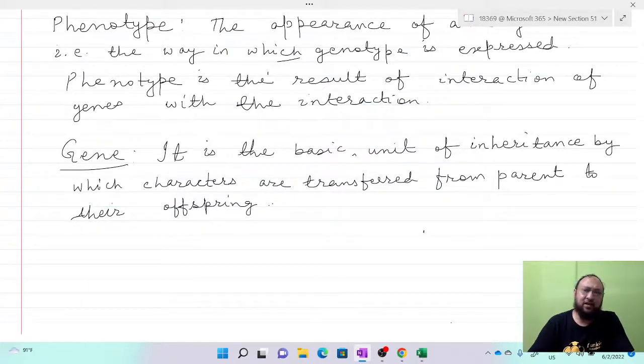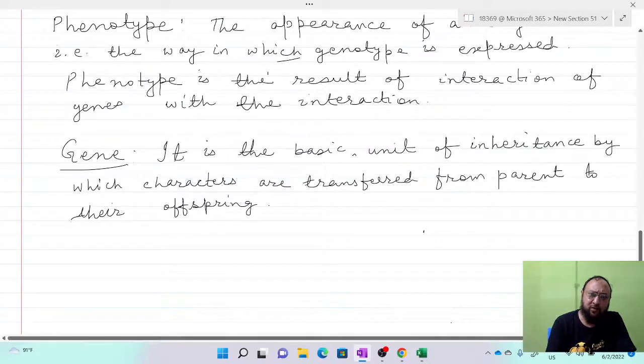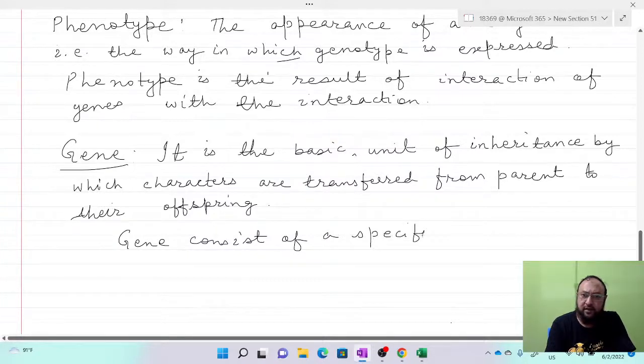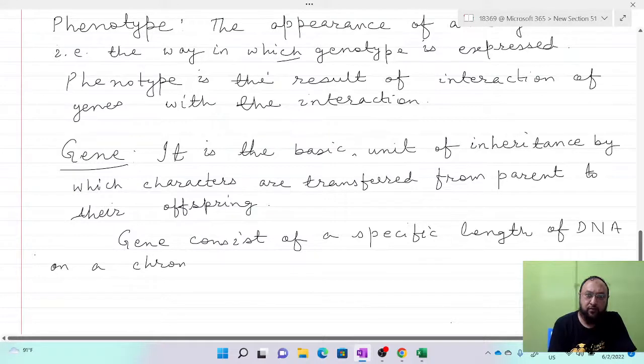A gene consists of a specific length of DNA on a chromosome.